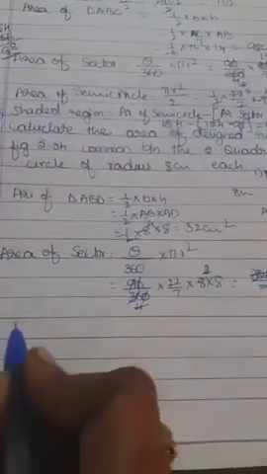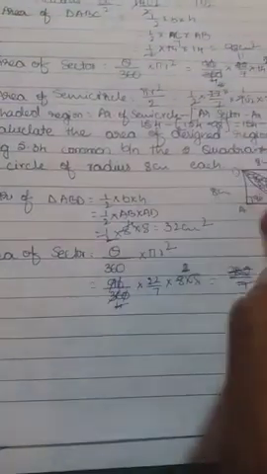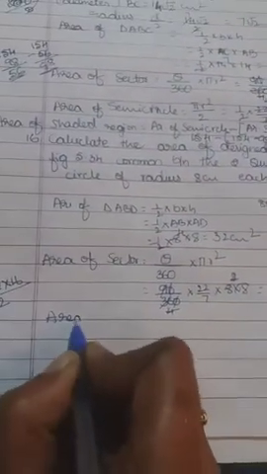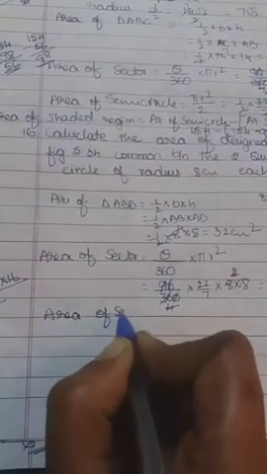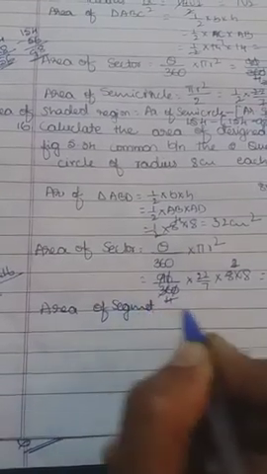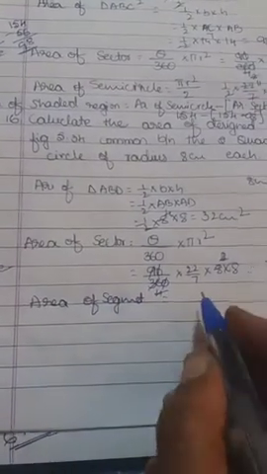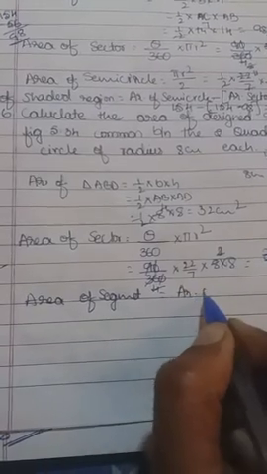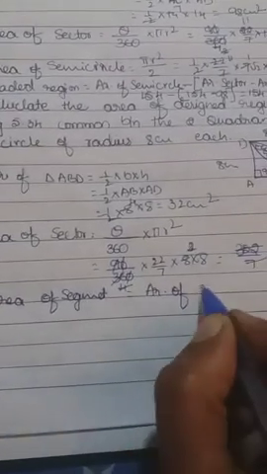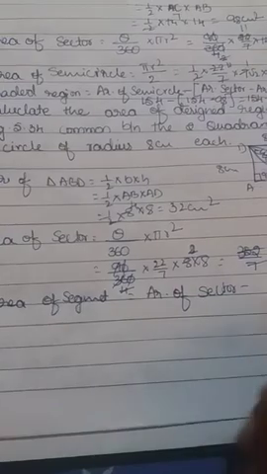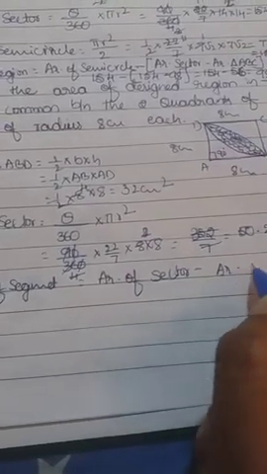Next we have to calculate the area of the segment here, because it comes in the segment, so that's why we have to take the area of segment. Area of segment is area of sector minus area of triangle.